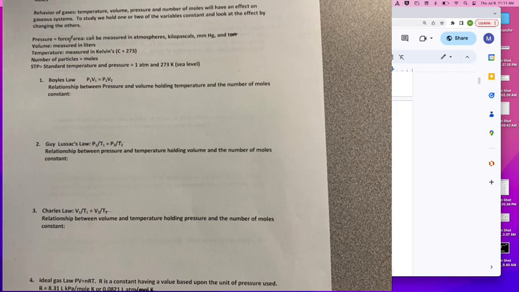Why would there be different units for pressure? Why are there different units for temperature? Location. So it's only useful to use Fahrenheit in one place. When you move it to a different place, it's no longer useful to use Fahrenheit. Why do we have multiple temperatures? We're more useful in different circumstances.